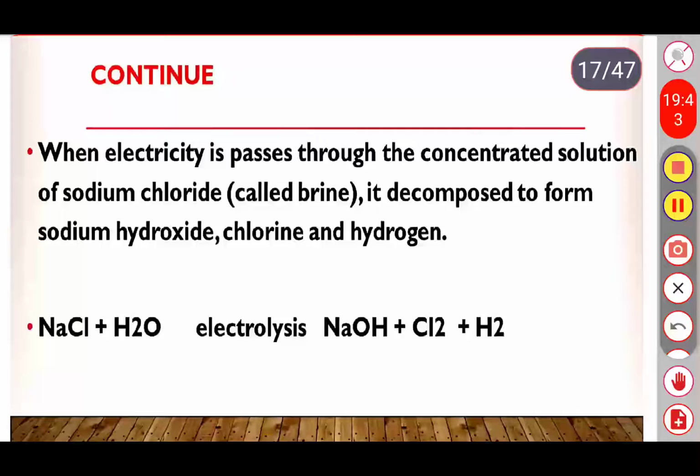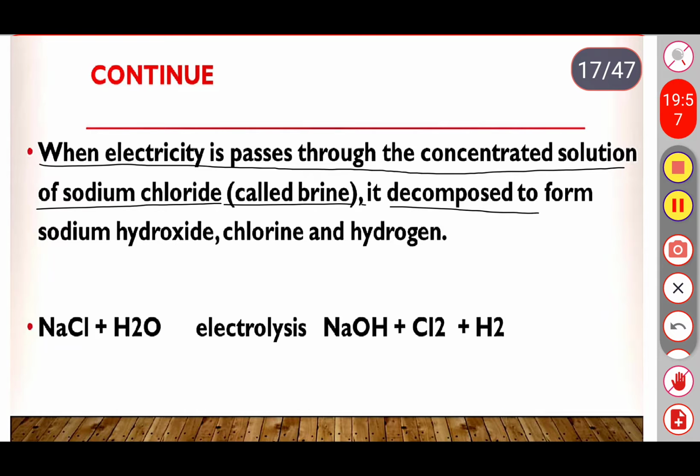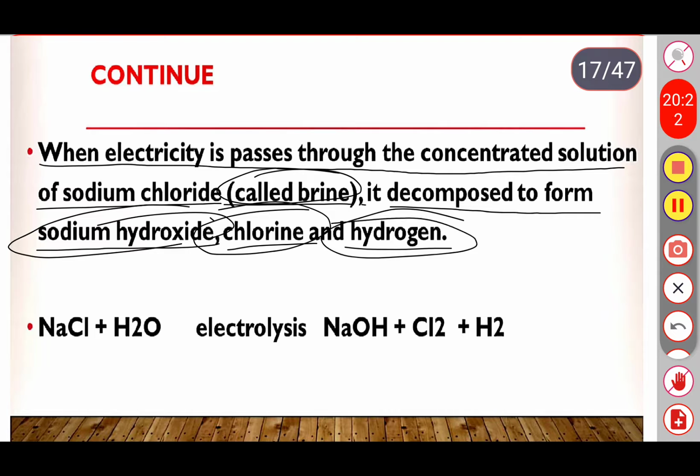See here the continued part of the previous slide. When electricity is passed through the concentrated solution of sodium chloride, called brine, it decomposes to form sodium hydroxide, chlorine and hydrogen. So in the process of brine, the three major compounds we are getting are sodium hydroxide, chlorine gas and hydrogen gas.